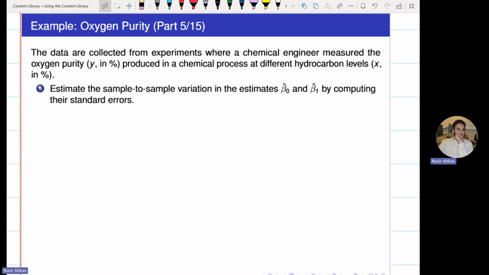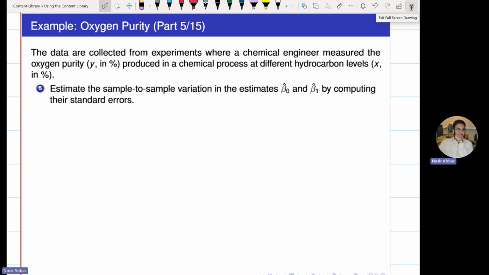Estimate the sample to sample variation in B0 and B1 by using their standard errors. What are standard errors? For X bar, it was sigma over root of n.